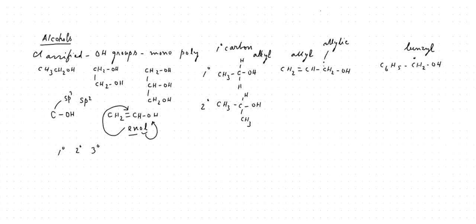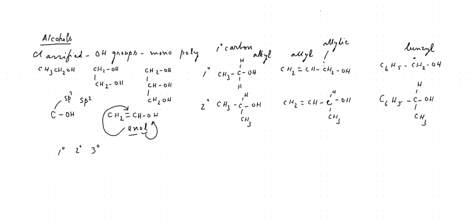Similarly, in the allylic group also, one hydrogen in the allylic carbon can be replaced by another carbon-containing chain. It is also a secondary alcohol. Similarly, even in the benzylic carbon, if I remove a hydrogen and it is attached to another carbon chain, it is a secondary benzylic carbon. These are all examples of secondary alcohol.